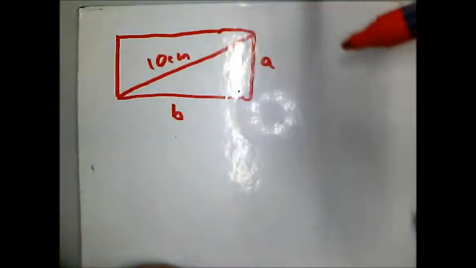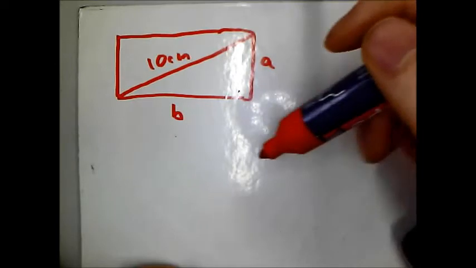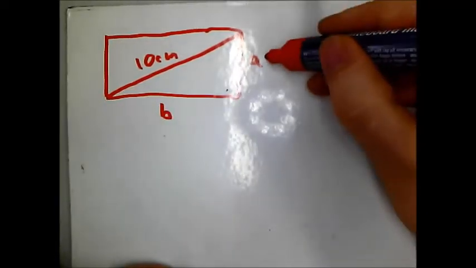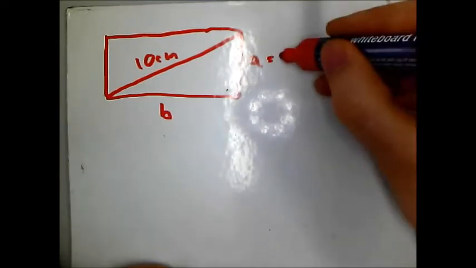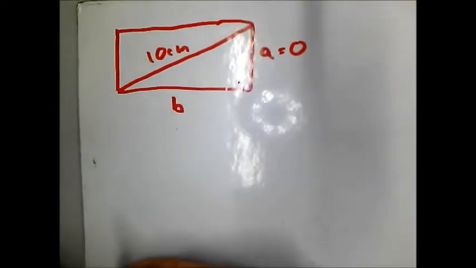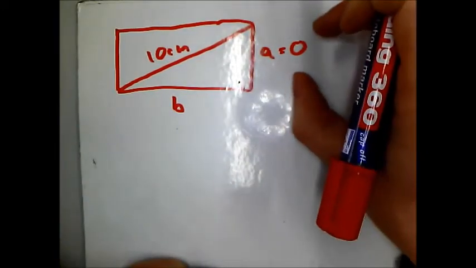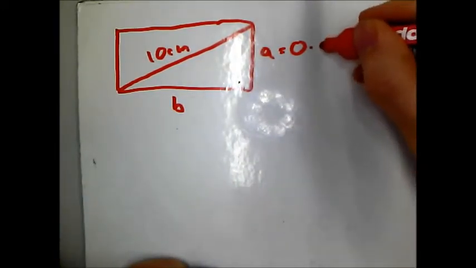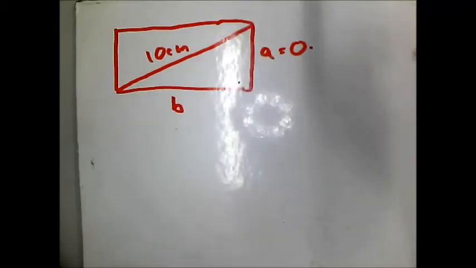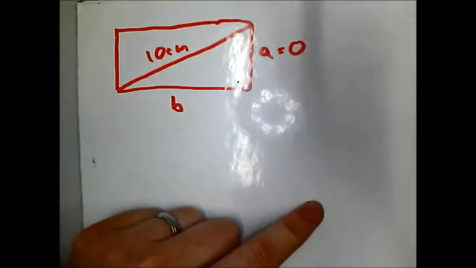So, to start off with, I'm going to think of an extreme condition, and my extreme condition is that A is actually going to be 0. It's going to be nothing. Now, yes, I know this is not strictly possible, but it could be 0.0000001, and it would make an incredibly small triangle, so I can assume it's just 0. I'm going to use Pythagoras' theorem for this.